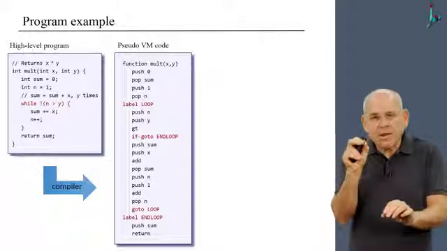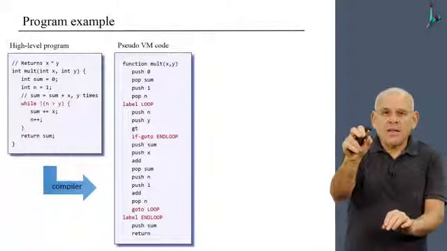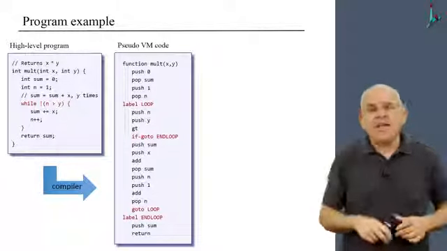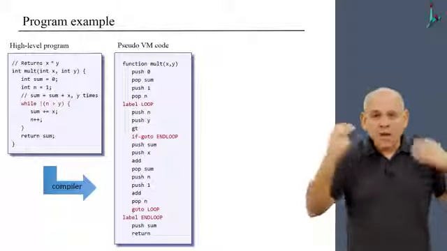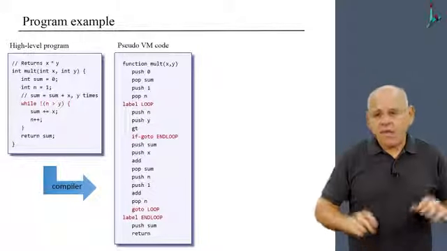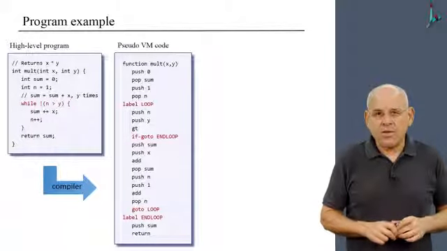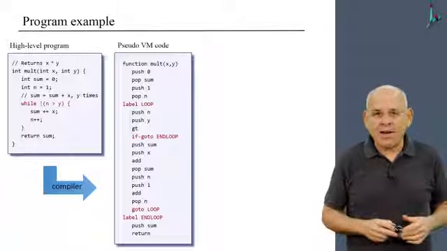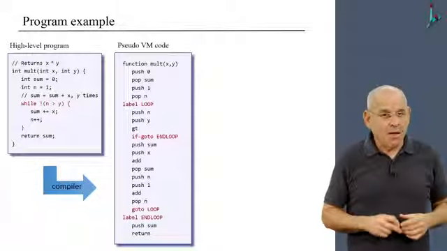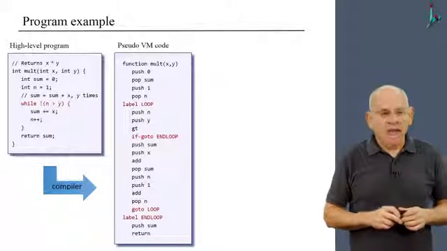So one label goes where the while was, and another label goes where the while ends. And the compiler has all this knowledge of how to do it. Now, once again, as I said in the previous unit, you don't have to worry at this point how the compiler actually achieves this magic, because we are going to deal with it extensively later on in the course.